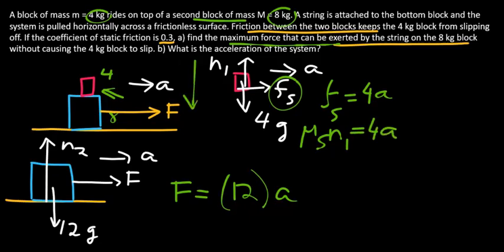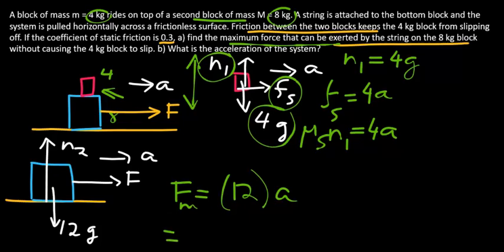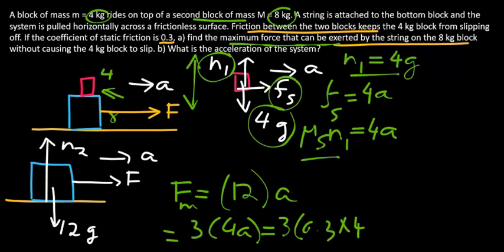But balancing the vertical force from the first body diagram, we know N1 equals 4g. This would enable us to determine the maximum force exerted by the string. 12a can be rewritten as 3 times 4a, where 4a is mu sub s, which is 0.3, times N1, and N1 is 4 times gravity.